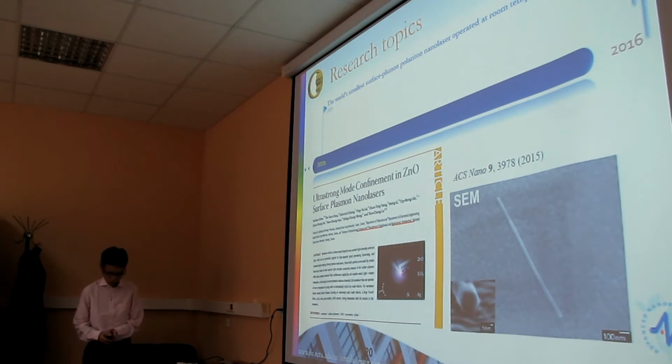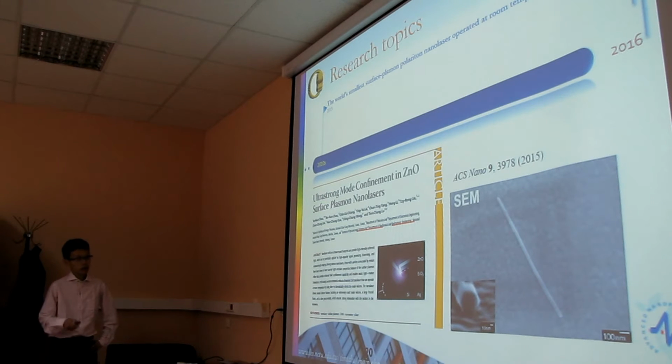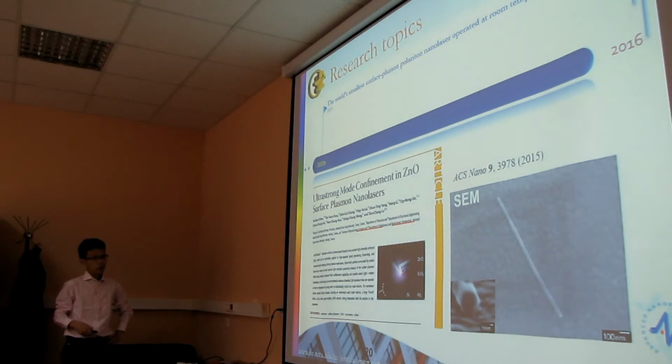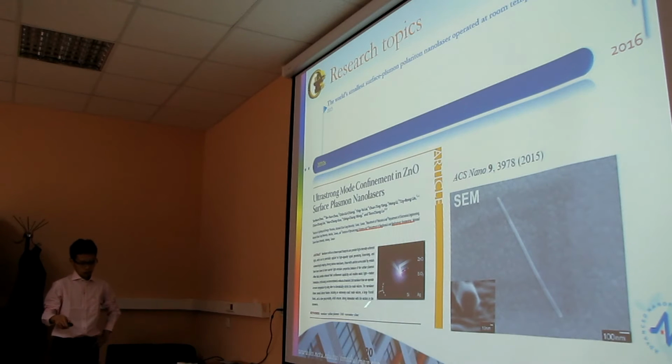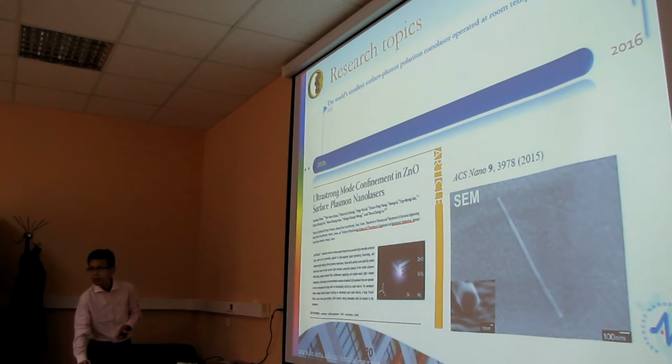And recently the world's smallest polariton nanolaser has been demonstrated under room temperature conditions. The left-hand side shows the image, and the right side shows the SEM image of the nanolaser, with silicon oxide. Yes. Because your last paper was without silicon oxide.